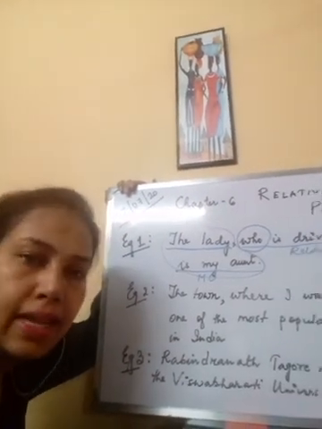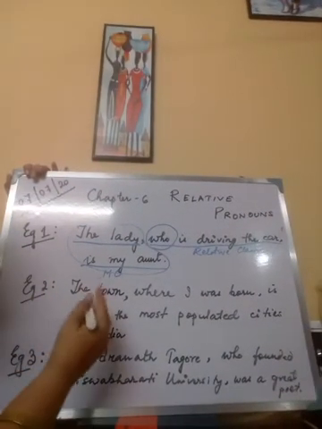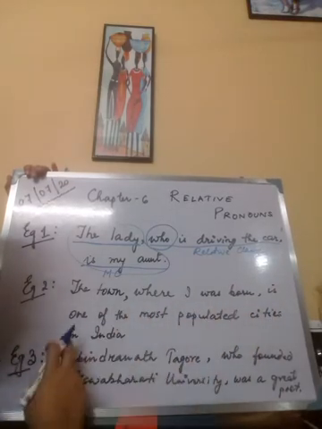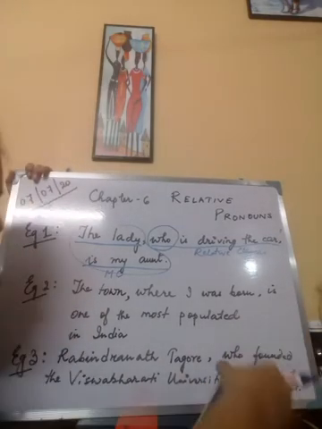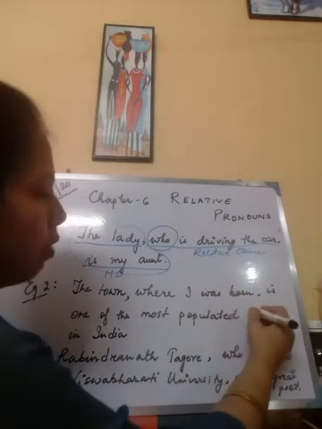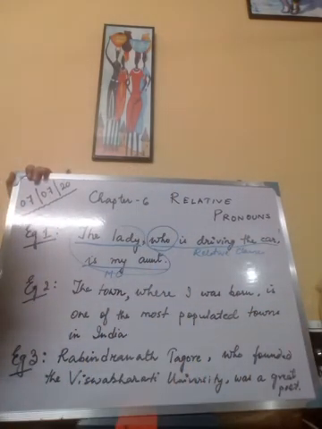Now look at the second example again. The town where I was born is one of the most populated cities in India. Sorry, how can it be cities? One of the most populated towns in India. So the town where I was born is one of the most populated towns in India.